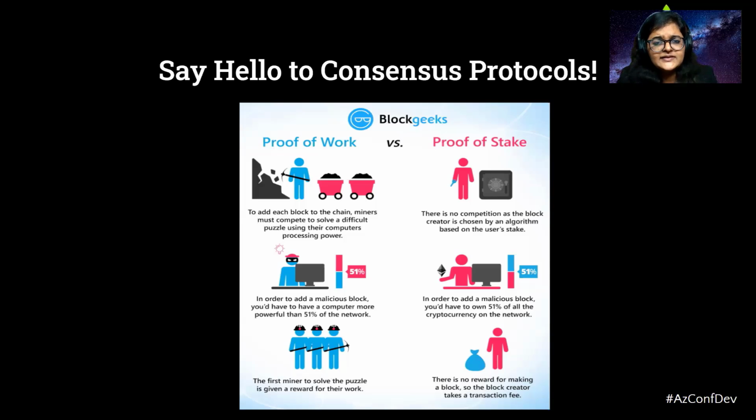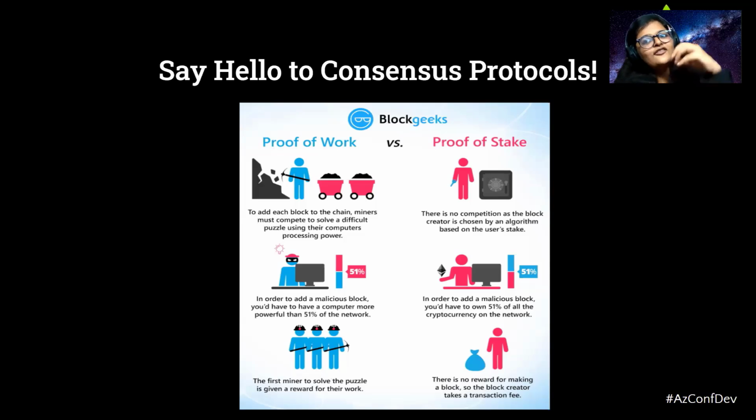What this shows is that if you have more stake, that means you would want that particular blockchain ecosystem to succeed. Otherwise, you would not end up doing any malicious activity, right? Otherwise, if you end up doing any malicious activity and you have more stake, the ecosystem will fail, and therefore your stake will be worthless.